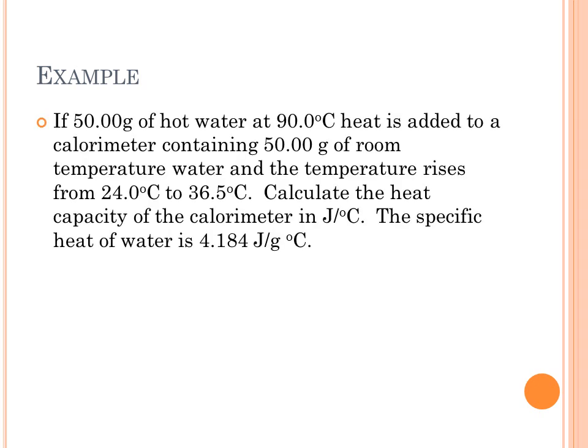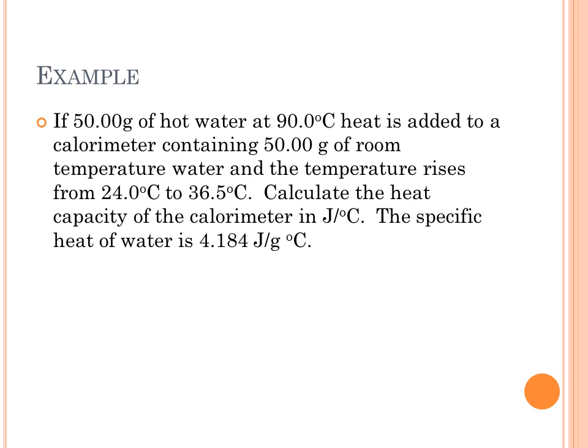Let's look at a different example. In this case, if we're adding heat to something, we'd be remiss to omit the fact that the calorimeter can lose heat to the surroundings or absorb heat itself.